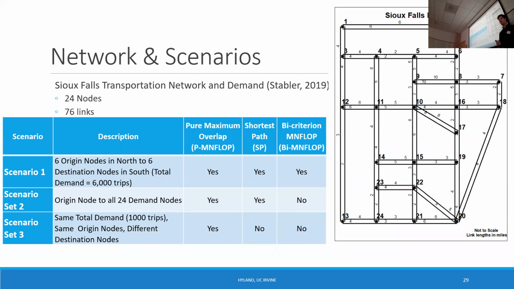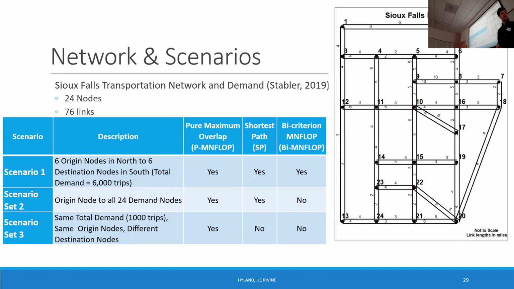We're defining scenario set 2 as one origin to all 24 destinations, but we're going to do that 24 times, once for each node. So we're going to resolve the problem 24 times. We're going to see which node has the most overlap in the entire network.